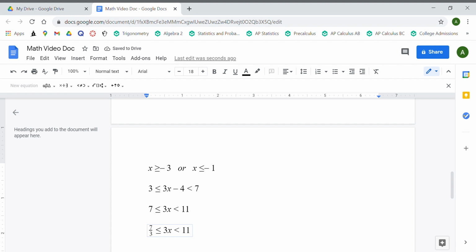So 7 is less than or equal to 3x, it's less than 11. Good catch there. 7/3 is less than or equal to x, less than 11/3. Sorry, guys.